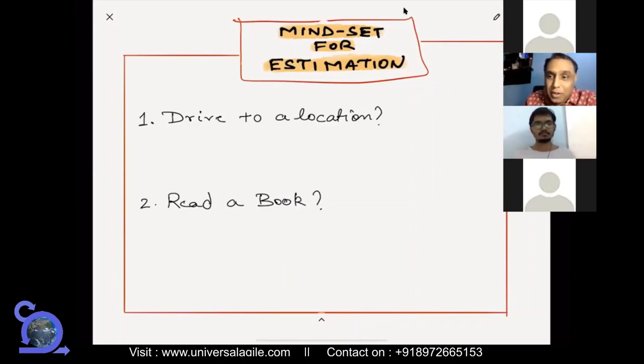Very good. So do you know the distance between Indore and Mumbai approximately? Not approx, maybe it's 700 something. So what you had in your mind was a rough distance, you knew your speed, which you may maintain, you added your breaks, and based on that you reached there, right?